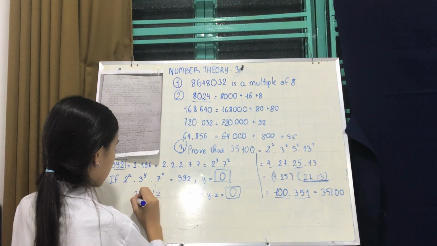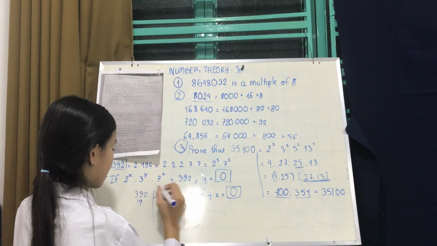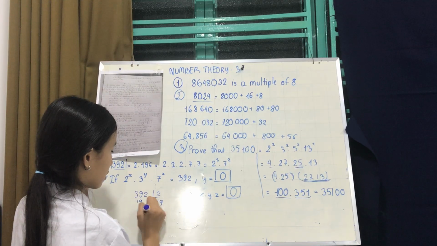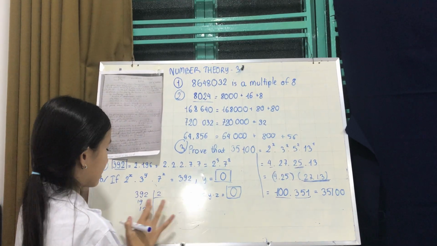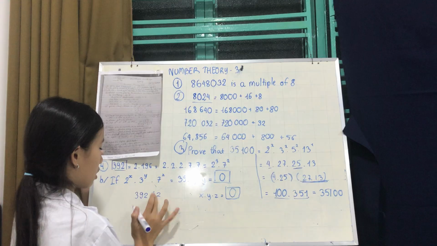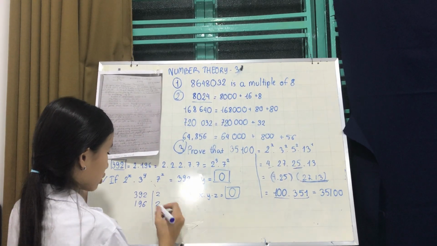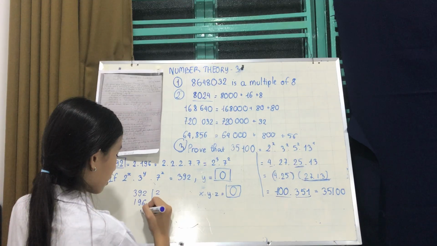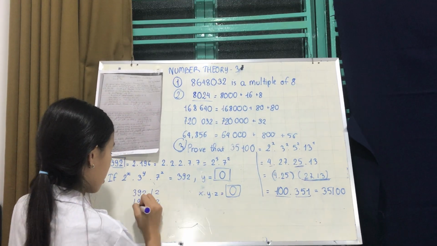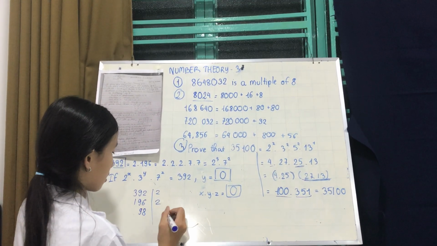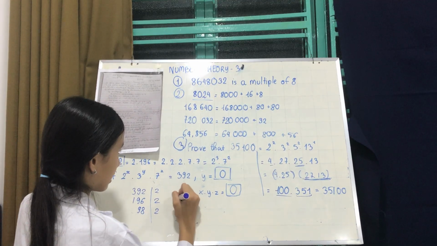392 divided by 2 is 196. 196 divided by 2 is 98. 98 divided by 2 is 49.